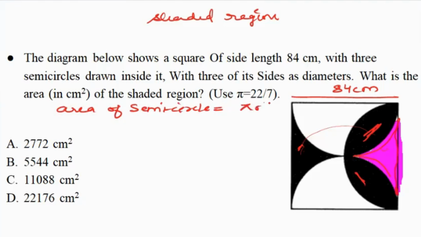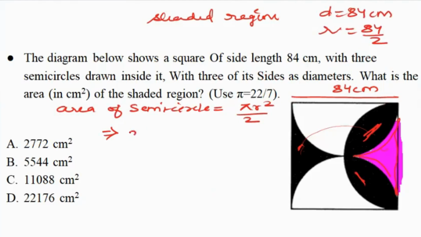That is pi r square by 2. And here r is what? What is the radius? As we can see, the side of the square is the diameter of the semicircle. So if the diameter is 84 centimeter, the radius becomes 84 by 2, which is 42 centimeter. Correct. So we can solve it.